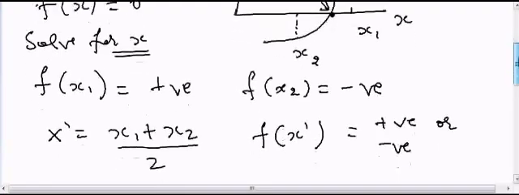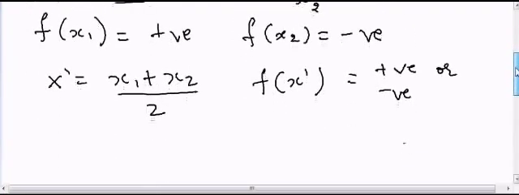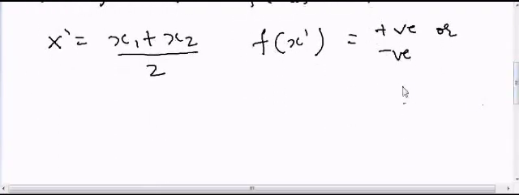This method might not work for every formula or every equation we need to solve, but for some of them it will work, if some values of x give you a negative number and some values of x give you a positive number.